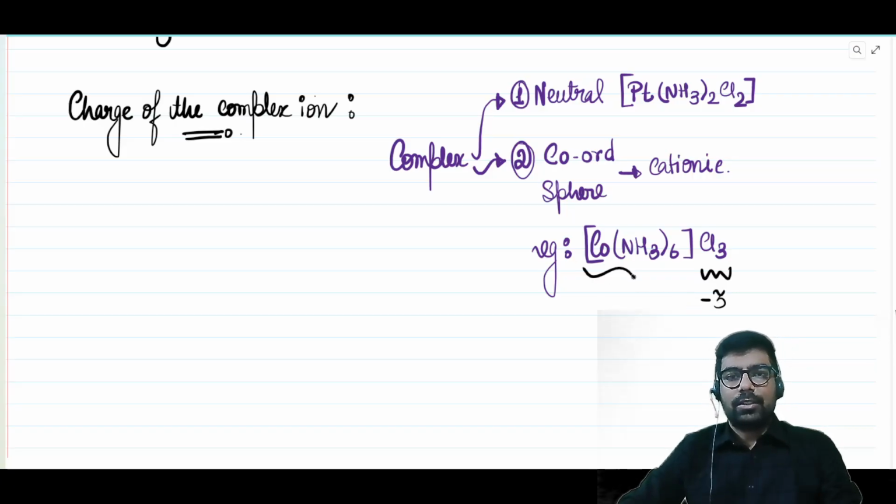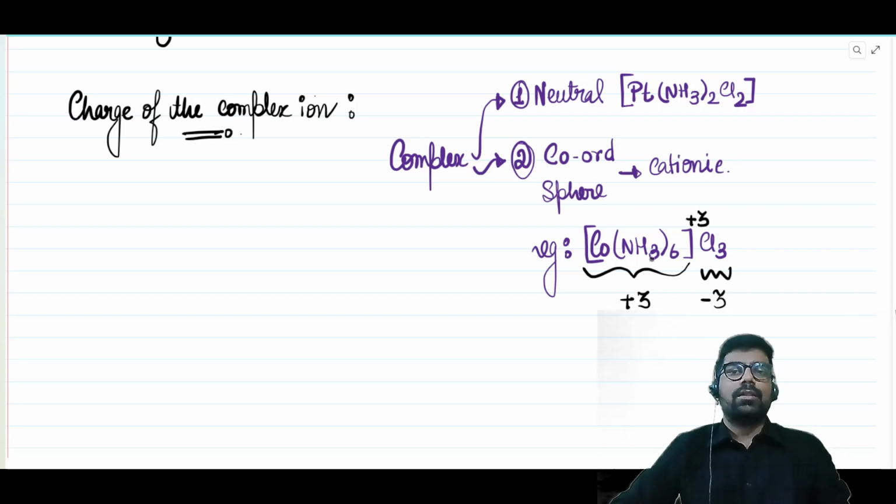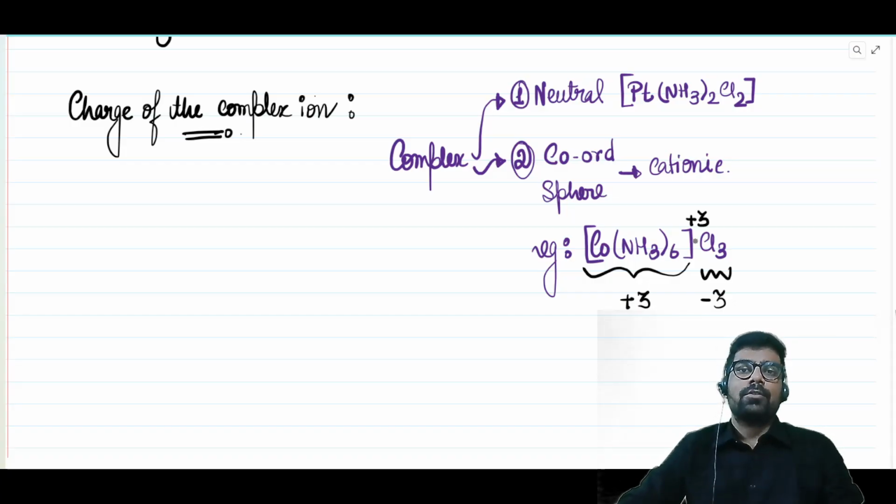So to balance this one, this part should have a charge of +3 because the overall molecule is neutral. So this coordination sphere is having a +3 charge. Whenever something has a plus charge, we call it cationic. So over here in this example, the coordination sphere is cationic.